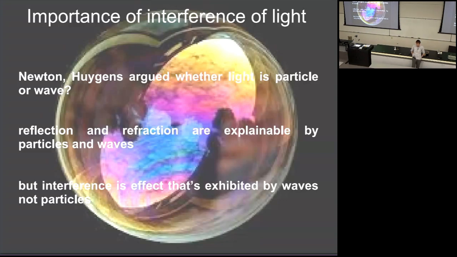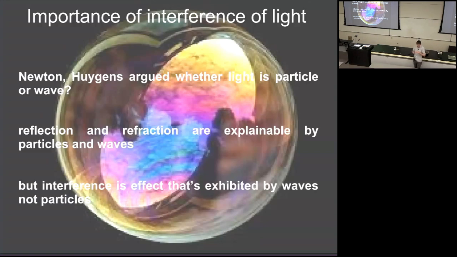Like normal people, I might argue about who's doing the dishes or whether you drive too fast or too slow. They argued about the nature of light. They argued about whether light was a particle, that was Newton's view, or whether light was a wave, that was Huygens' view. And that was an argument that went on for centuries. Scientists arguing about the nature of light.